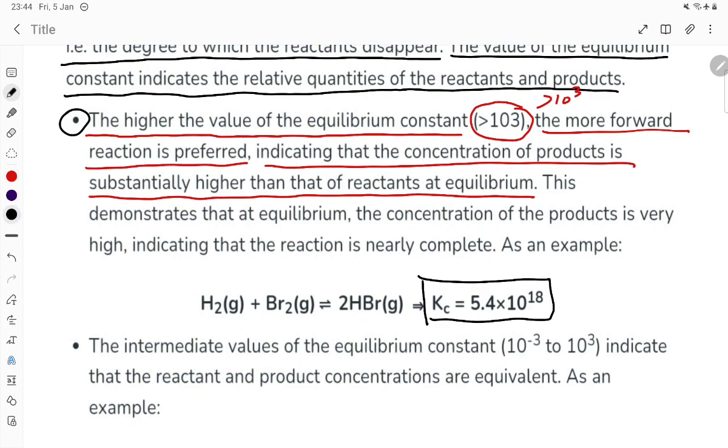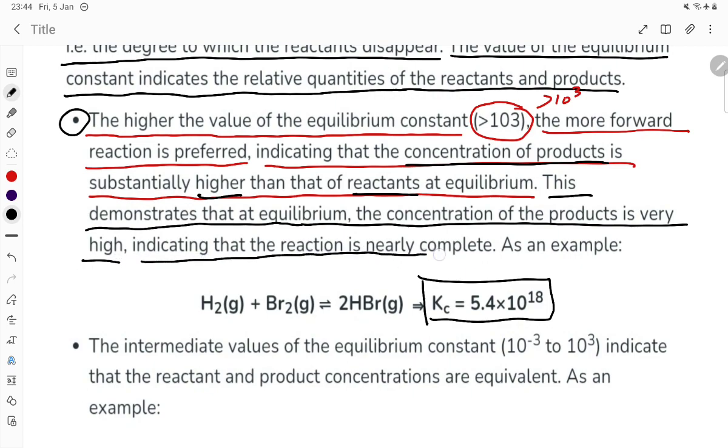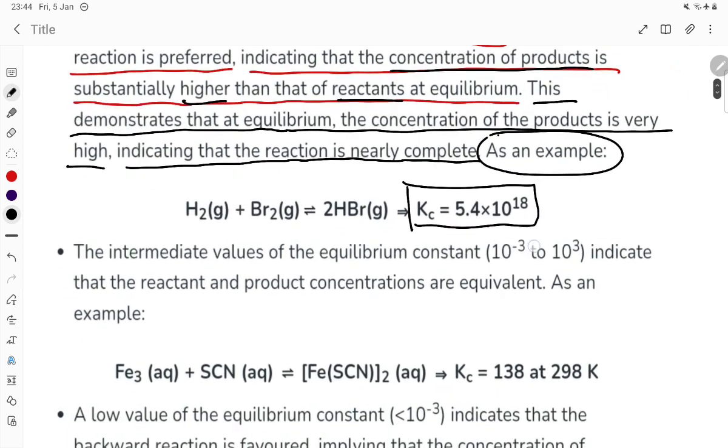What does this mean, student? The concentration of product is higher than the concentration of reactant. This demonstrates that at equilibrium the concentration of the products is very high, indicating that the reaction is nearly complete. What is the example, student?